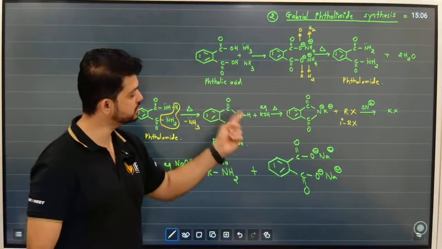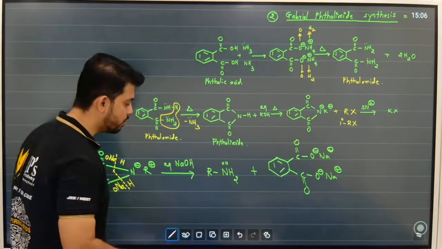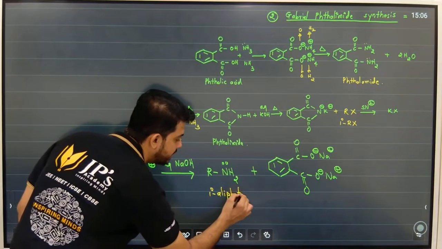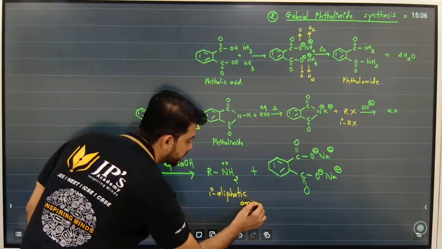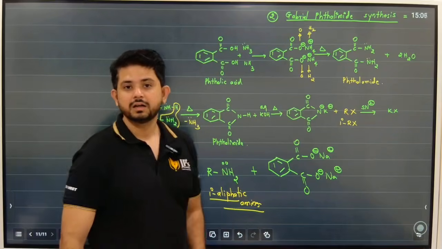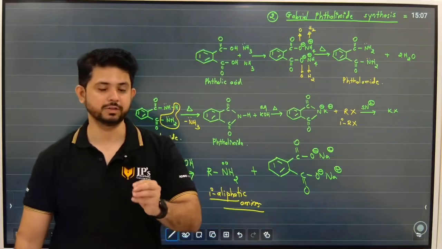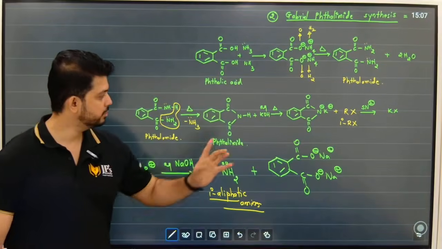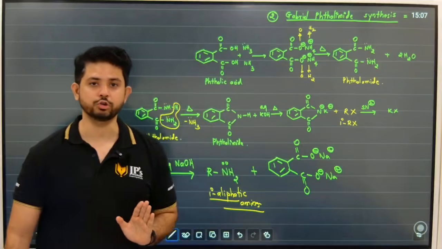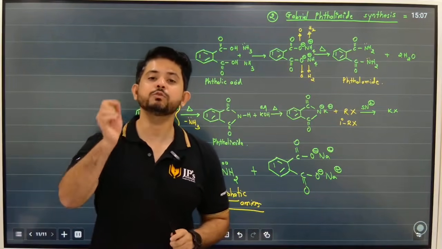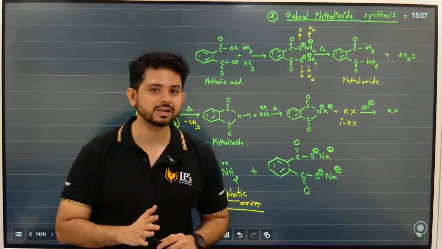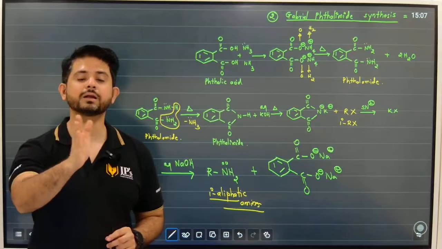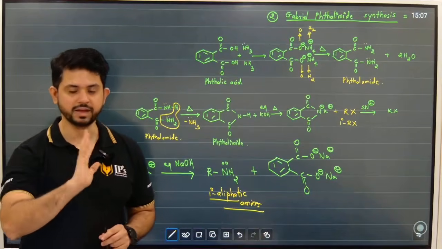So we can reproduce phthalic acid in the end of the reaction. And what we get here is only primary aliphatic amines. Primary aromatic amine, for example, aniline cannot be prepared by this method. It is simple because aryl halides do not undergo nucleophilic substitution reaction. And if you want aryl halides to undergo nucleophilic substitution reaction, then you should have a electron withdrawing group at the ortho para position or ortho or para position.